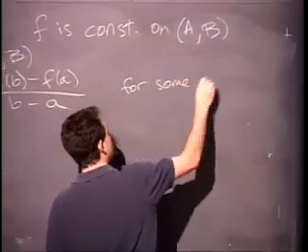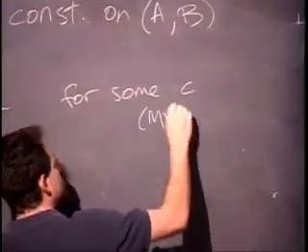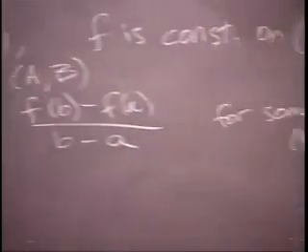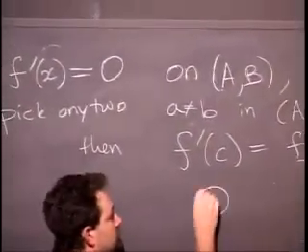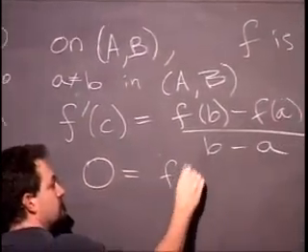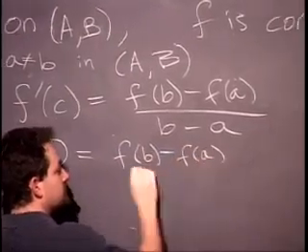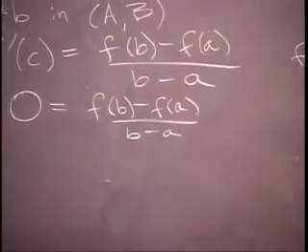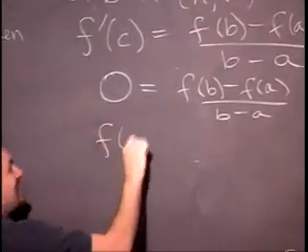That's just the mean value theorem. But of course, the derivative is always 0. So 0 is f of b minus f of a, and we actually proved that f of a equals f of b.